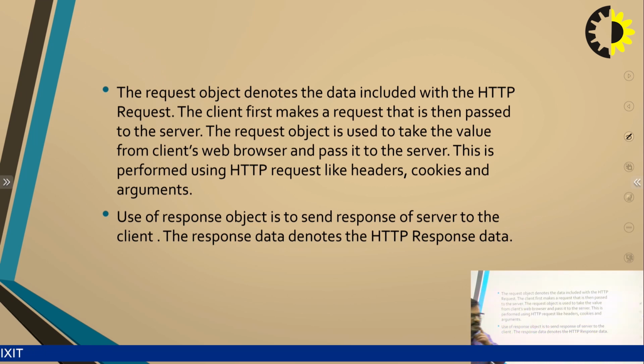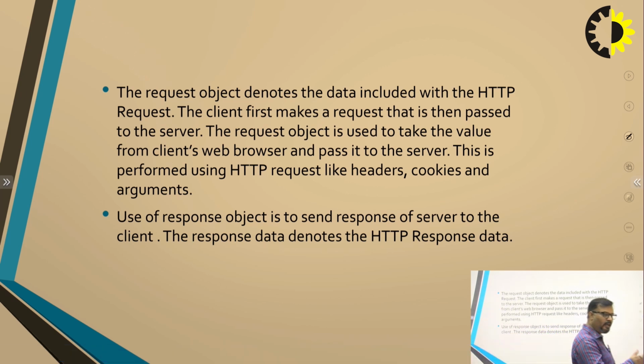Okay, then the request will be passed through the web browser to the server. Next step, the server gets the request of the user, prepares the response and sends the response to the user with the use of the web browser.